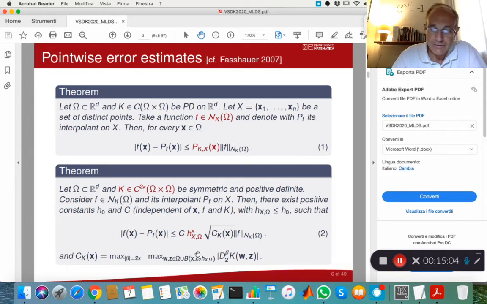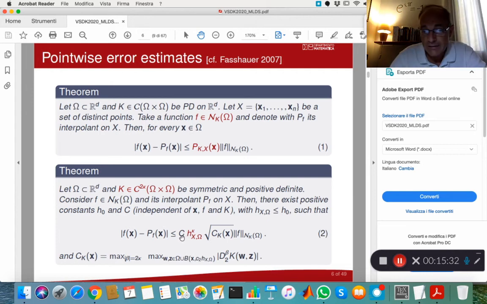There is a second theorem that relates the previous theorem using the so-called mesh size or the fill distance, that says the following: if your kernel has smoothness 2k, symmetric and positive definite, then, you see, the same result can be rewritten using this h and times some constant here, and then there are all the definitions.